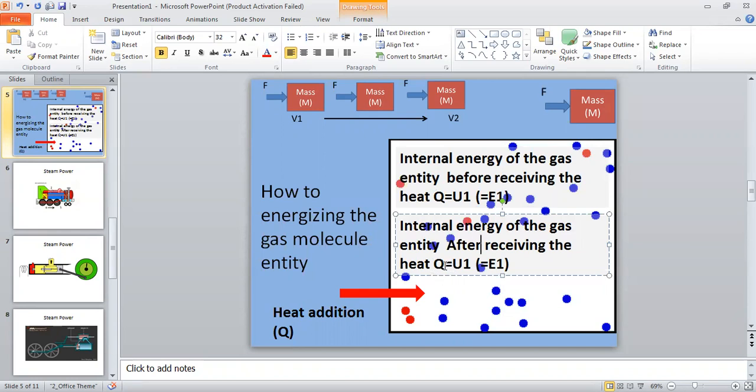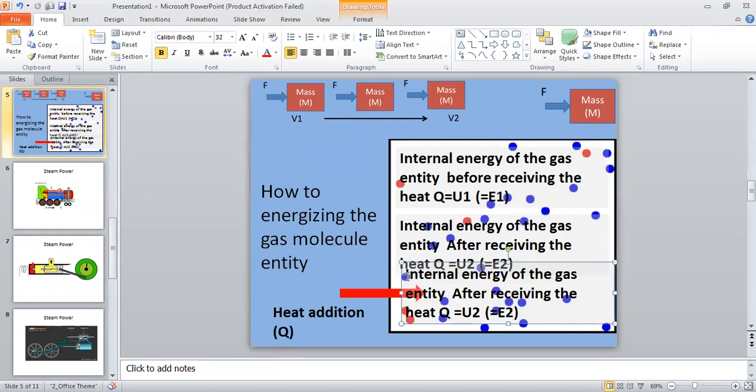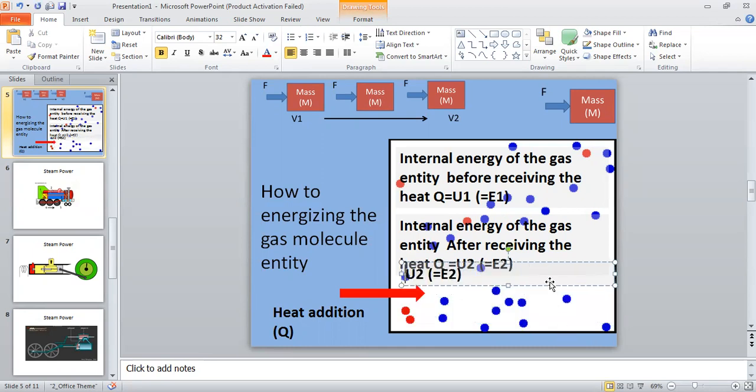So after receiving Q, let's say U2 or E2. Then surely you can say that U2 is now becoming U1 plus Q. Okay, U2 is U1 plus Q.